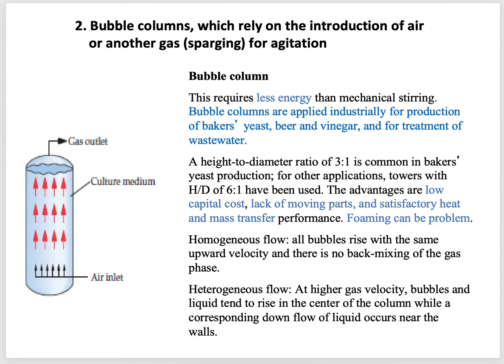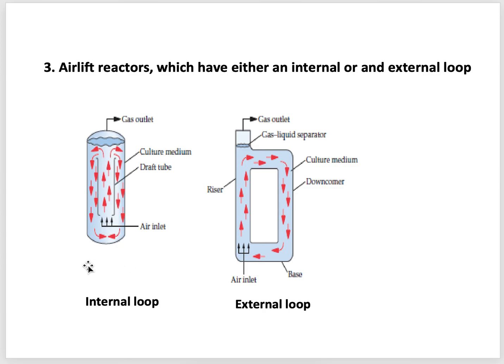But in case of the airlift reactors, the bubbles recirculate within the media. That means the bubbles get more time to transfer the oxygen. This is true for both designs, the internal loop or the external loop. But in case of external loop, the recirculation is better than the internal loop bioreactors.